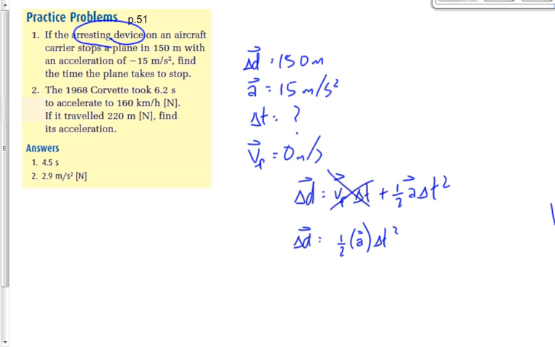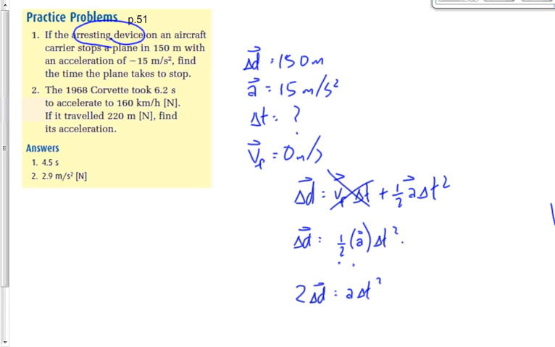Okay, follow along very, very carefully. This is tricky. You got to get rid of the half. You got to get rid of the a. You got to get rid of the squared. Let's get rid of the half first. We're dividing by 2 there. Let's get rid of it by multiplying by 2. Divide it by 2, multiply the other side by 2.